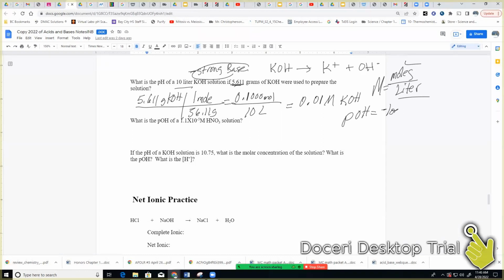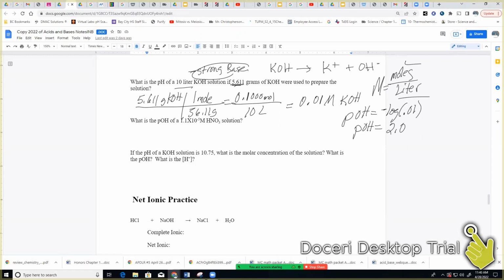So I'm going to do negative log of my concentration, and that's going to give me my pOH. Which at this point I would get 2 with a 0 behind it, because that 0 is significant.